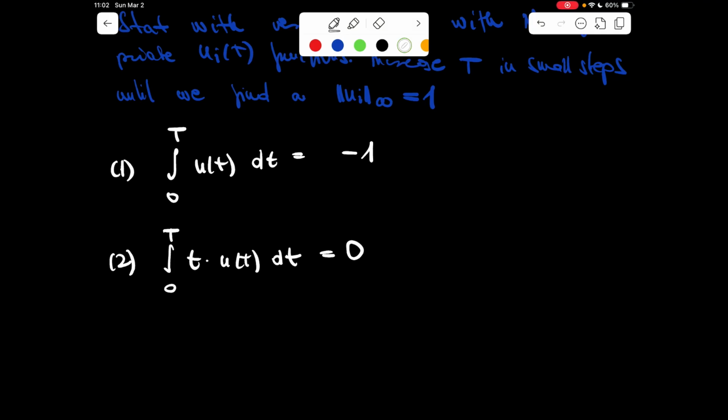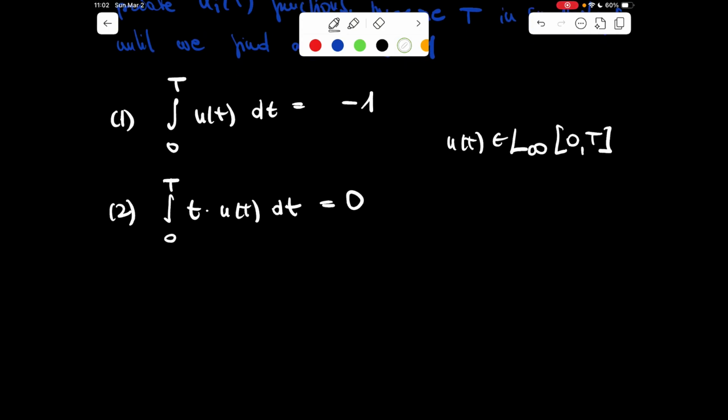Note that this is an infinite dimension problem because the concrete shape of u(t) is unrestricted, so it can take any shape. We know that this unknown function is in this function space. So we are looking for this function that meets the 2 restrictions.